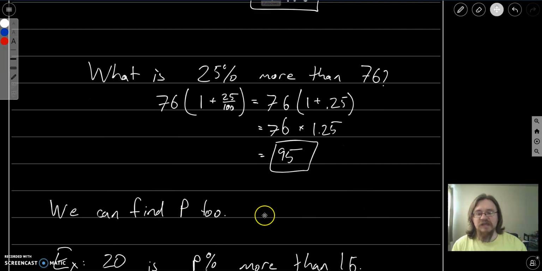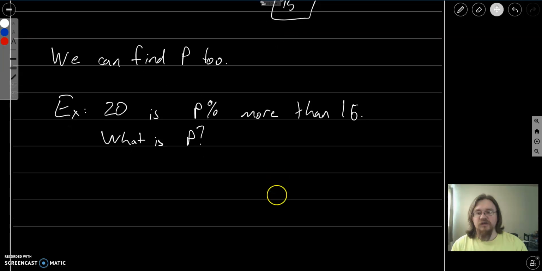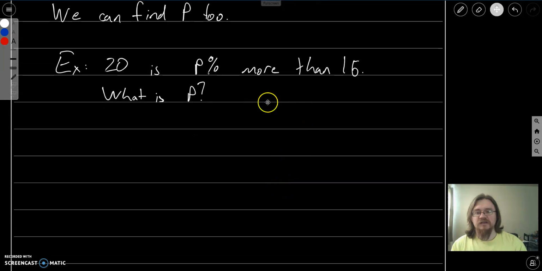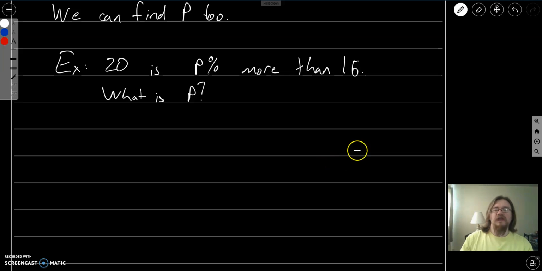Cool. And even here, we can rearrange some things. So we can find p too. So here's a question. 20 is p% more than 16. What is p? So here we're just going to have to use our formula and see what pops out. So according to our formula, 20 is p% more than 16.